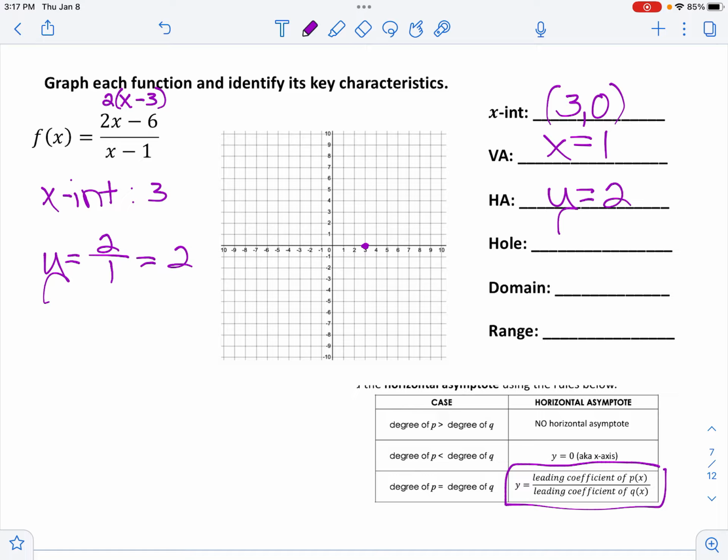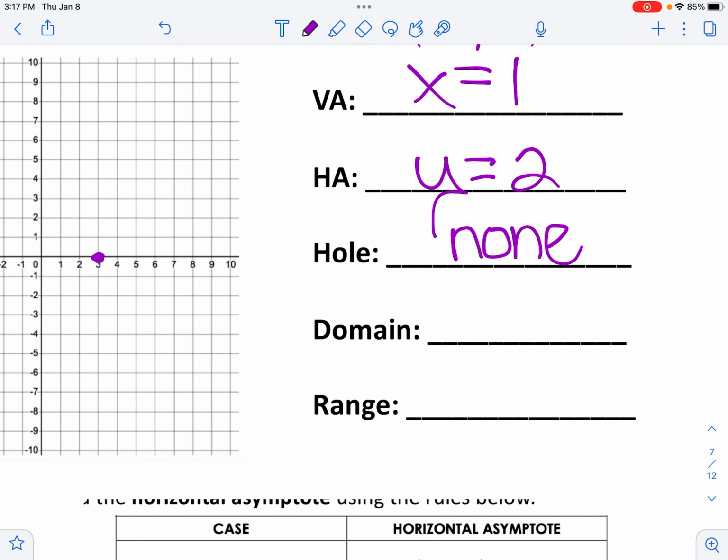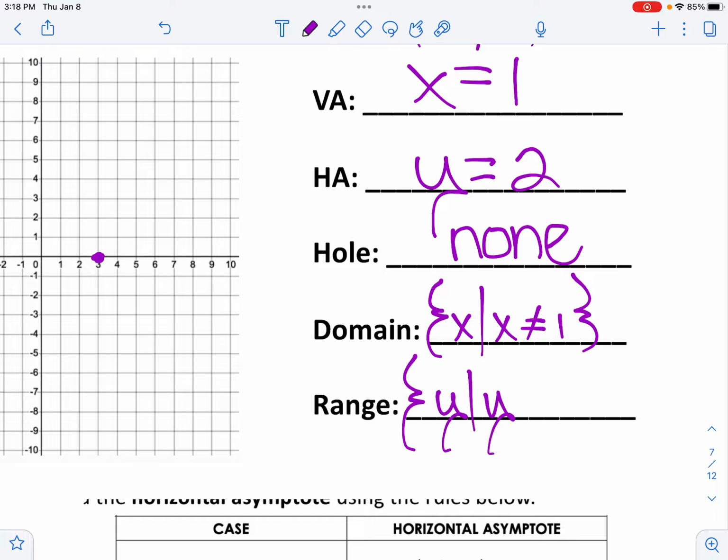Do I have a hole? No, because I did not cancel out any common factors, so this is still going to be none. And then my domain, x can't be equal to 1. So x such that x is not equal to 1. And then my range would be y such that y is not equal to 2.